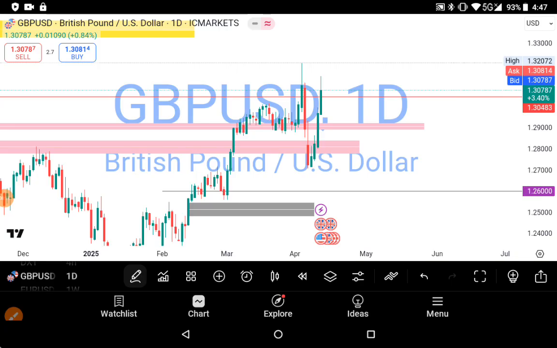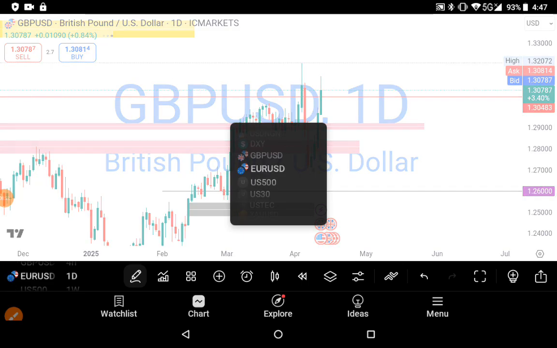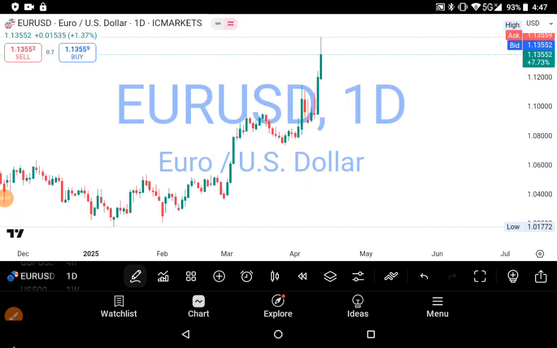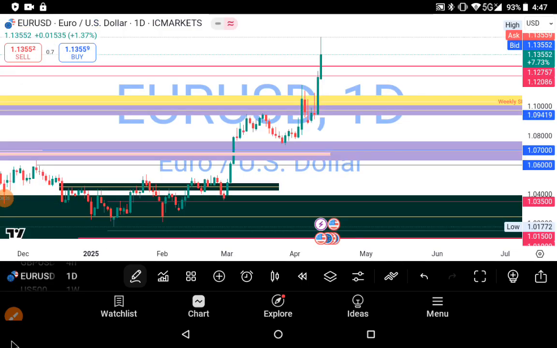Then we go to our Euro USD, which is our fiber. Last week on fiber, I was interested in the market price visiting 1.08 thousand, or we should find our movement above 1.120.